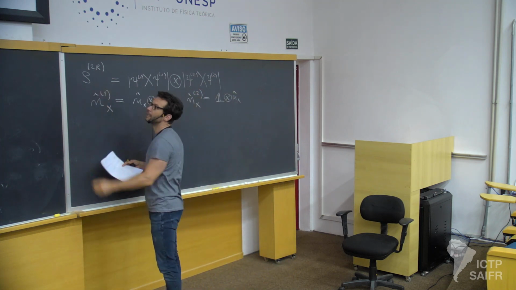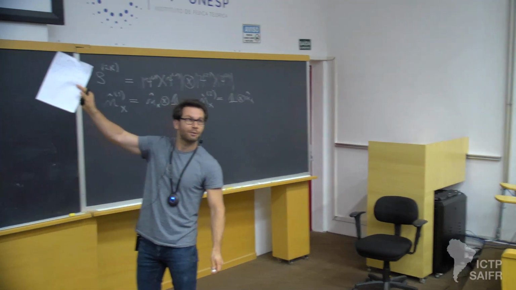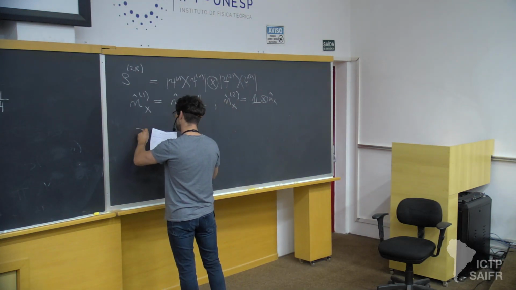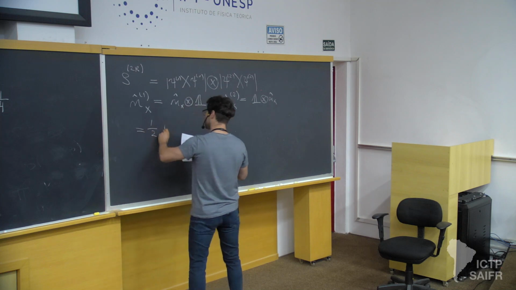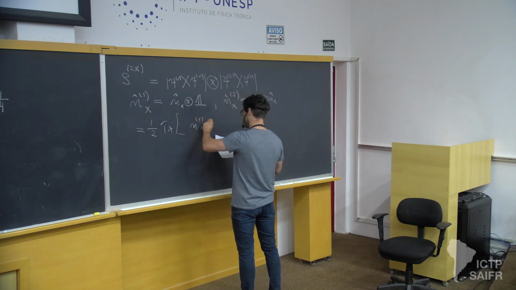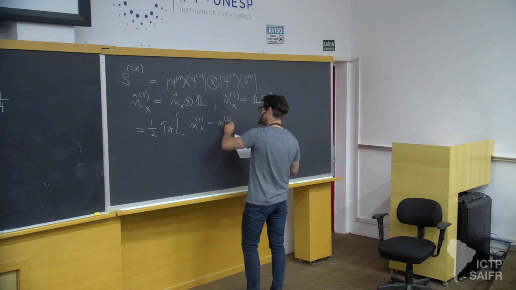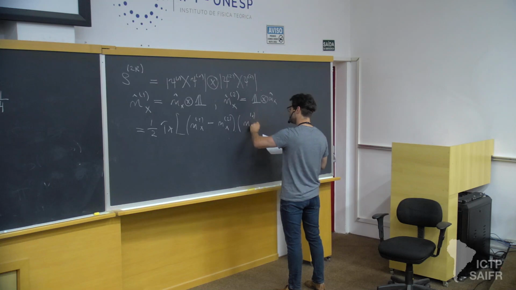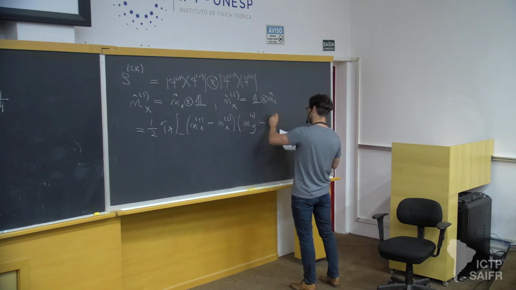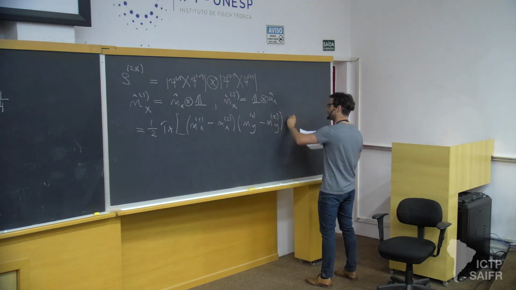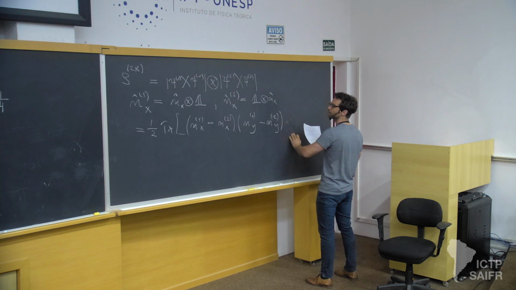Okay, and the statement that I want to demonstrate is the following: one half the trace of n1 minus n2, with respect to this rho 2R, which maybe I write again.